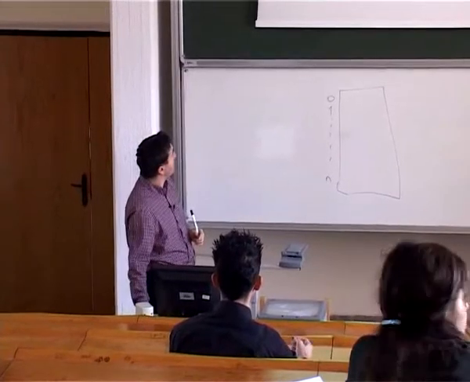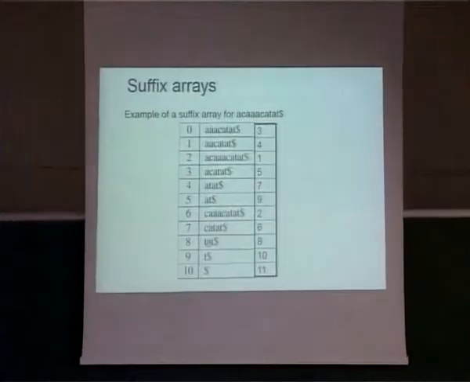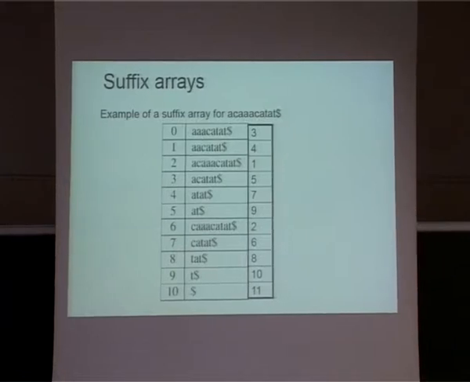Between 5 and 10, the middle is this 8. So it's T. Again, T is a letter which comes after C. The suffixes I'm looking for cannot be below this point, so it's somewhere here. So we search a range like this, each time dividing the search part of the array by 2. That's why it's called binary search.